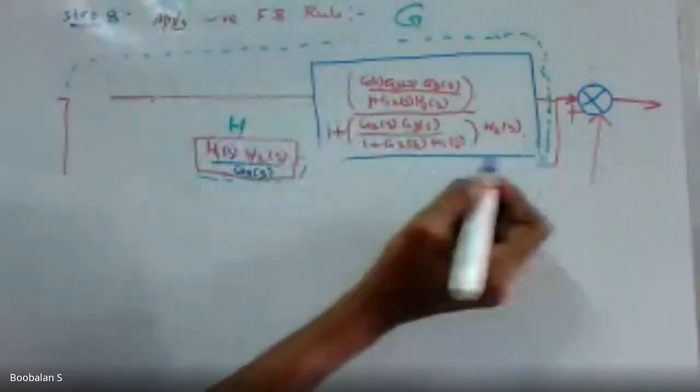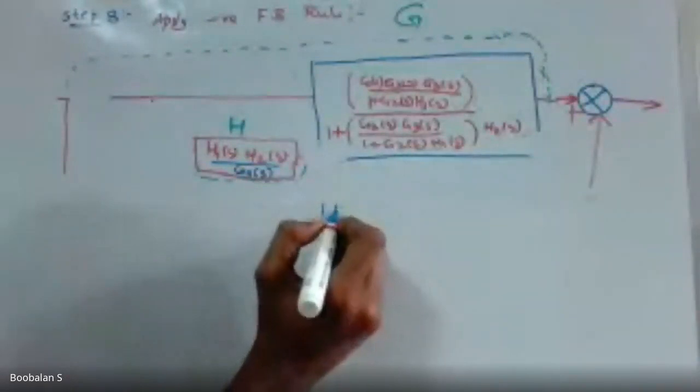Right? So this is what my total G, right? So once again, I need to make a denominator, right? So this is what my numerator now. This is what my total G. This is my numerator now. Total G divided by 1 plus.